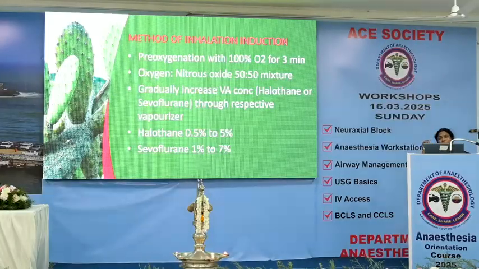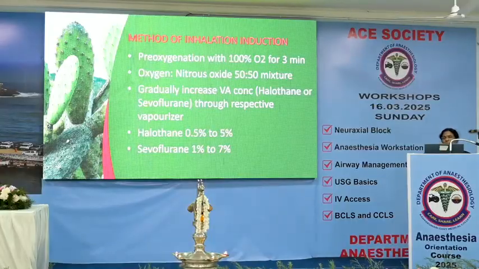Then if you are going to induce with halothane, you increase the concentration of halothane gradually till you reach the desired effect. Likewise, sevoflurane also. So gradually increase the vapor concentration through the respective vaporizer. For halothane, you start with 0.5% and the maximum you can reach is 5%. And for sevoflurane, you start with 1% and a maximum of 7 to 8%.